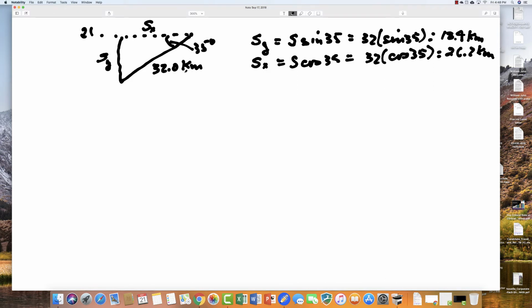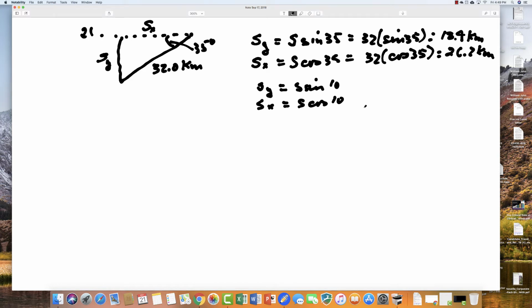If you do that, basically what you end up doing is changing 35 degrees to 10 degrees in both situations. And so SY now is going to equal S sine 10 degrees, and SX is going to be S cosine 10 degrees.